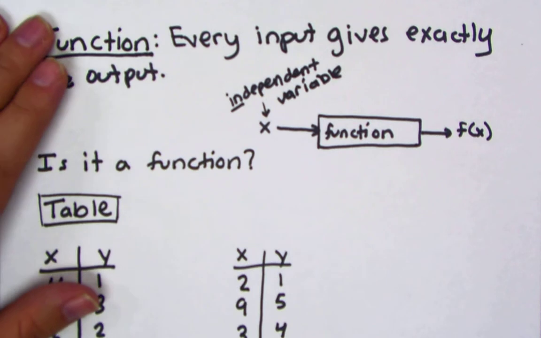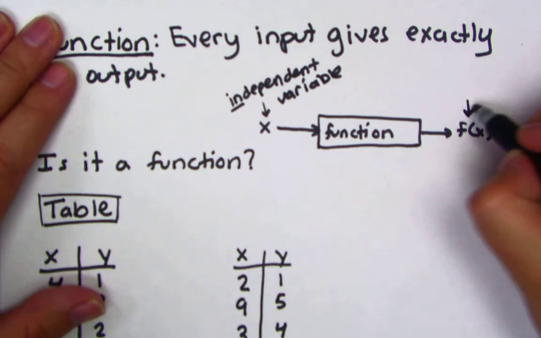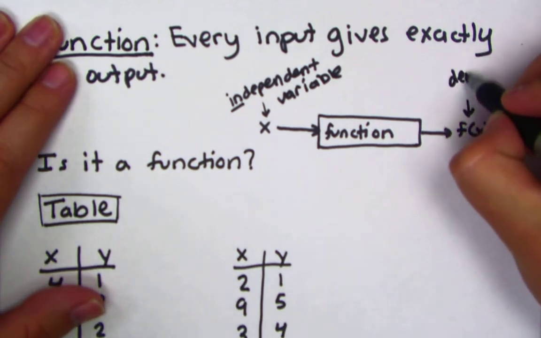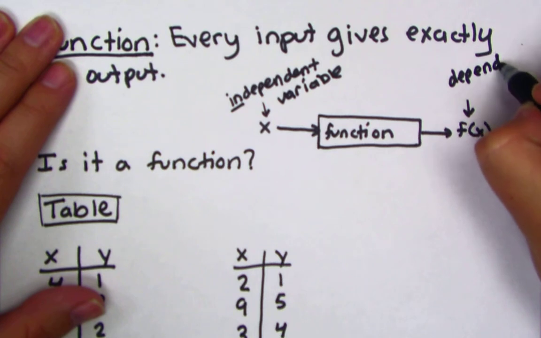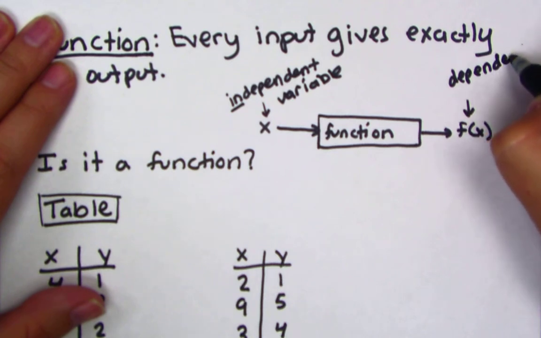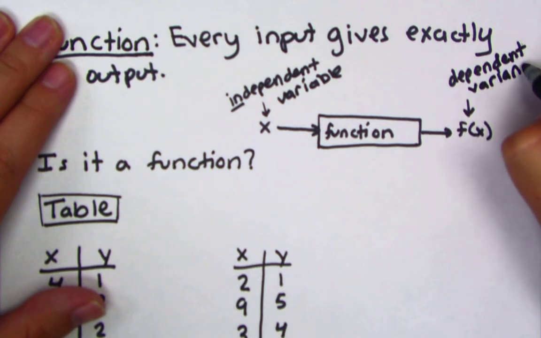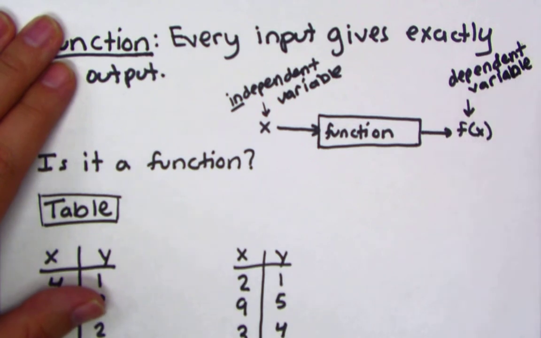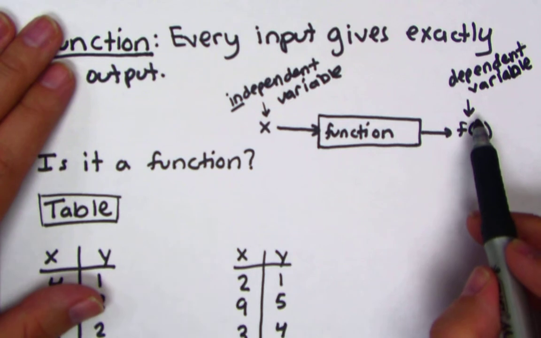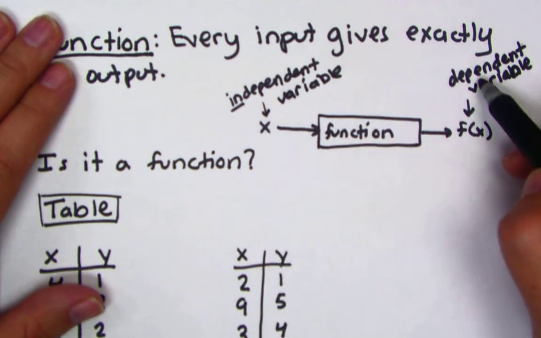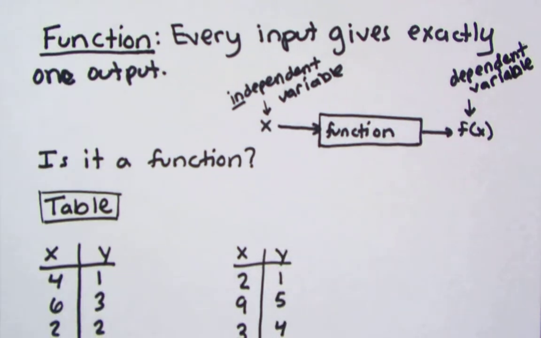Any value that you put in only gives one value for the dependent variable. What comes out? This depends on what goes in. That's why it's called the dependent variable.